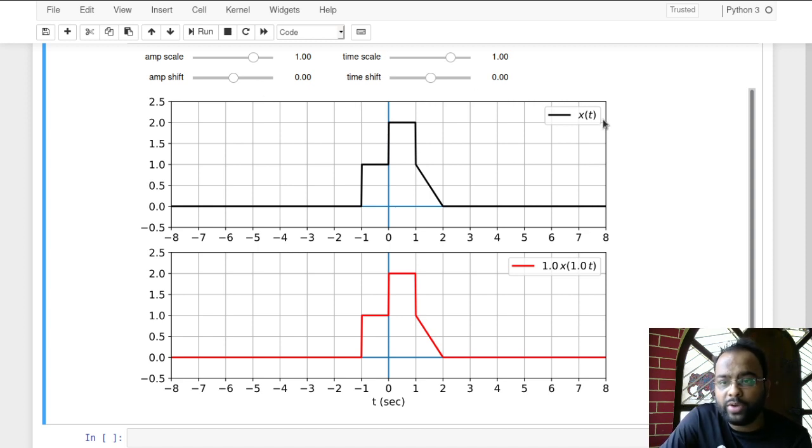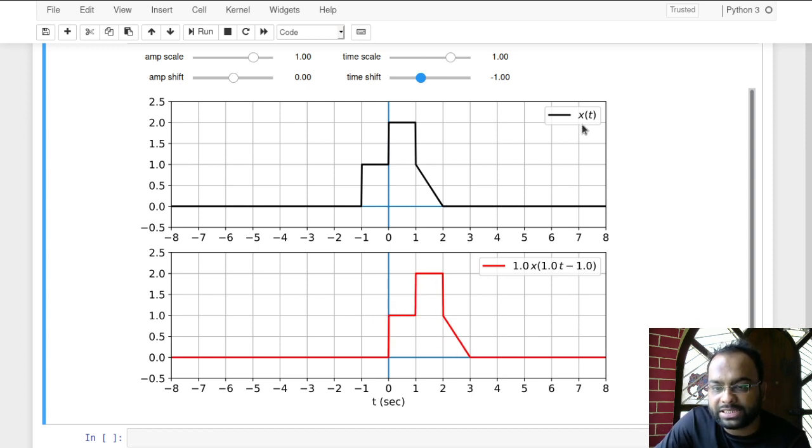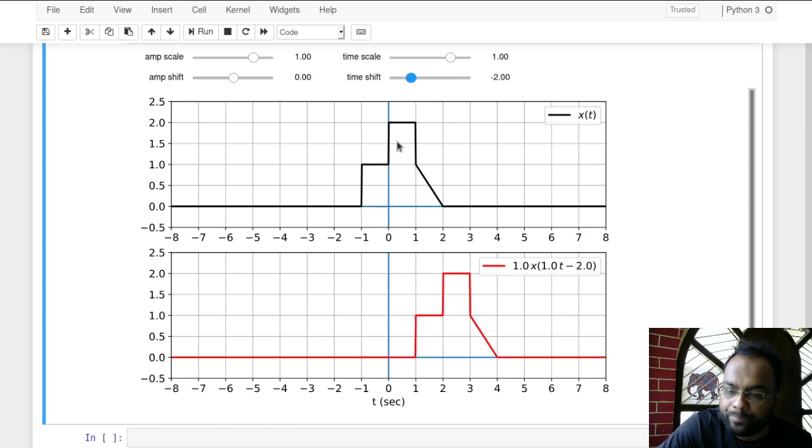So now of course we have x(t) and this is again x(t), right? So if I do something like this, now this signal is x(t), and this is x(t minus 1), right? So the signal actually got shifted to the right by 1 second. So I have x(t minus 1). So obviously if I do this, this signal now has got shifted to the right by 2 seconds.